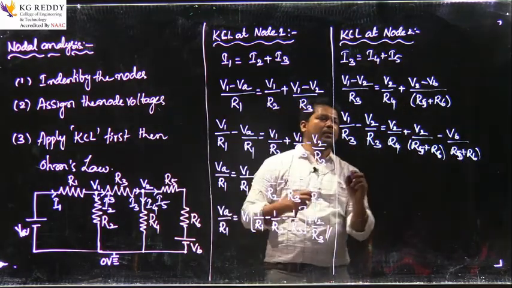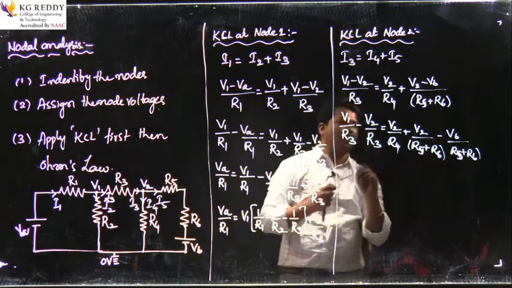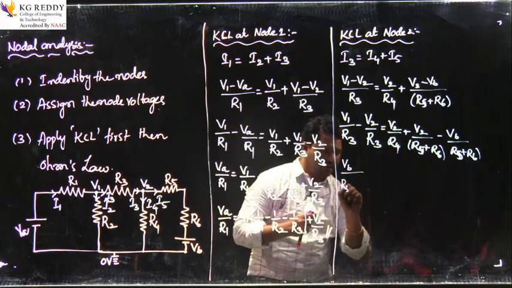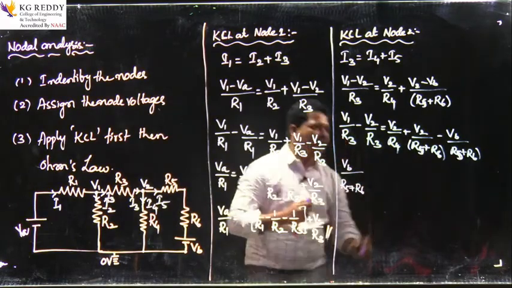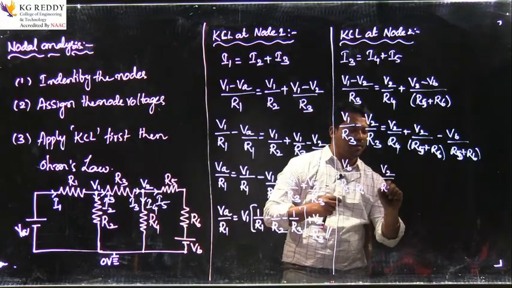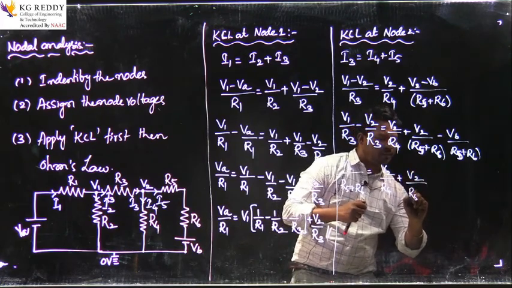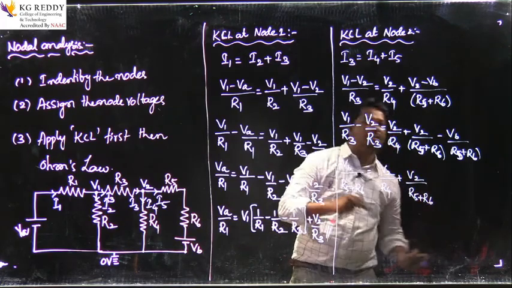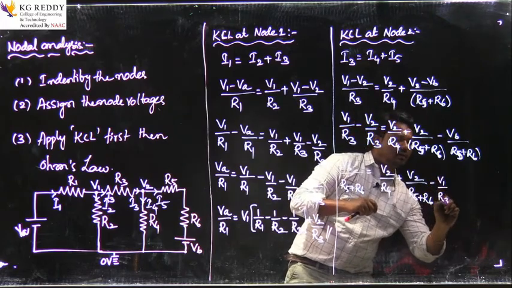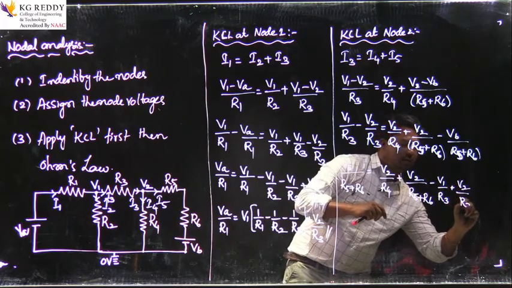Now I am most interested in bringing this VB term to this side and the other terms to that side. I will write VB by (R5 plus R6) equals V2 by R4 plus V2 by (R5 plus R6) minus V1 by R3 plus V2 by R3.